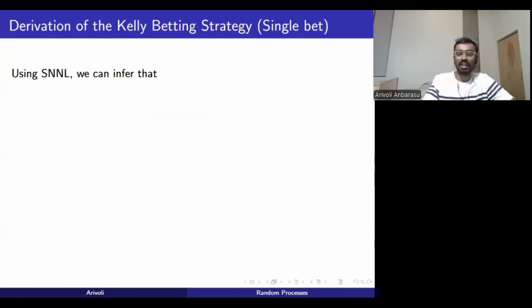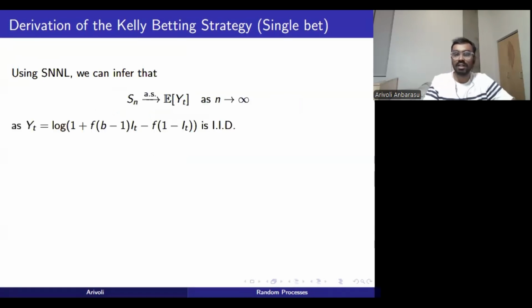Using the strong law, we can infer that the sample average will almost surely converge to the true average as n tends to infinity. Why is this true? Because the random variable yt is IID. And why is yt IID? It's because the underlying random variable, the indicator variable, is IID.